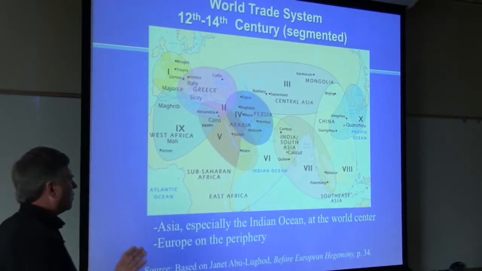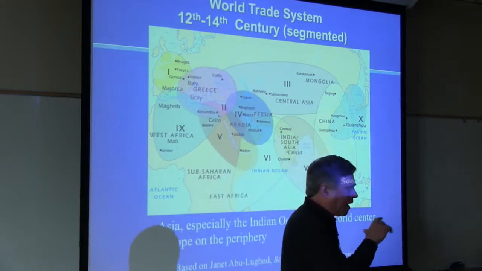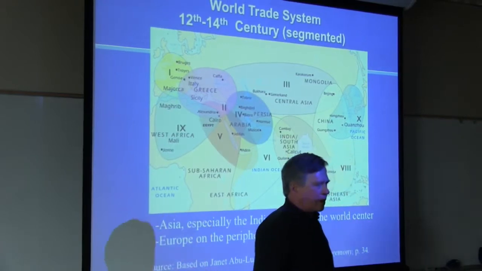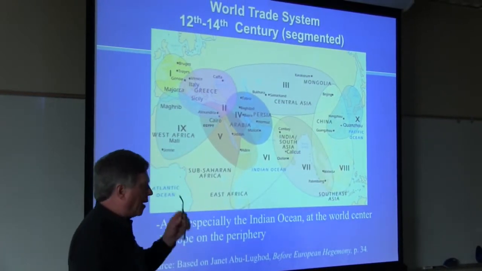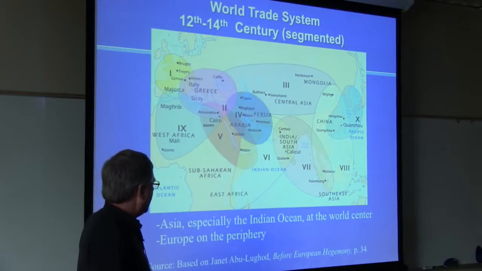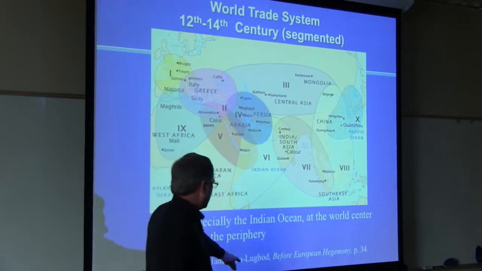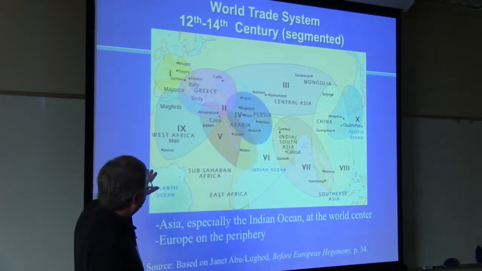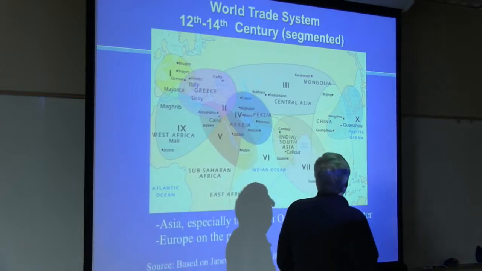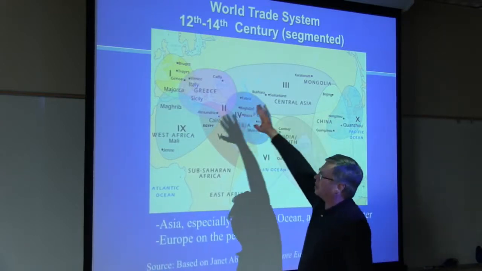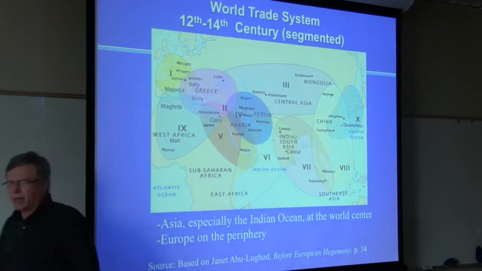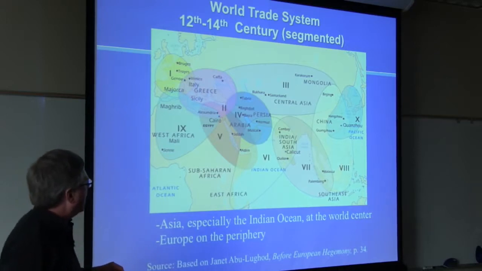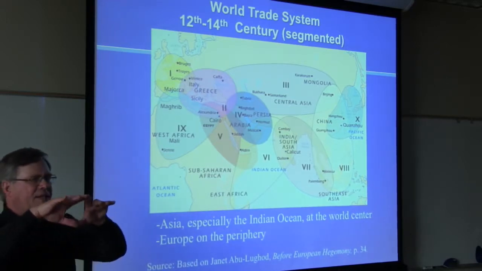And there's a lot of good work that's been done on the structure of the world in 1300, or the 13th century. This is based on work that Abu-Lughod did, called Before European Hegemony. This was done in the late 80s, early 90s. But what she shows is that the world, Afro-Eurasia, had, depending on how she puts this together and how it's organized, 8 to 10 trading worlds.